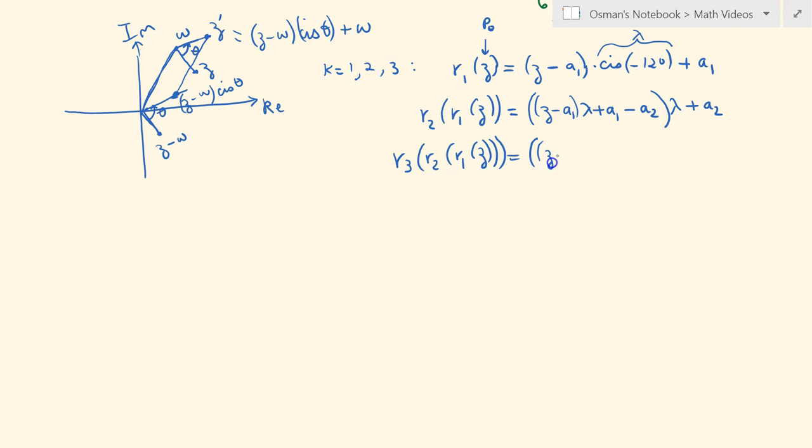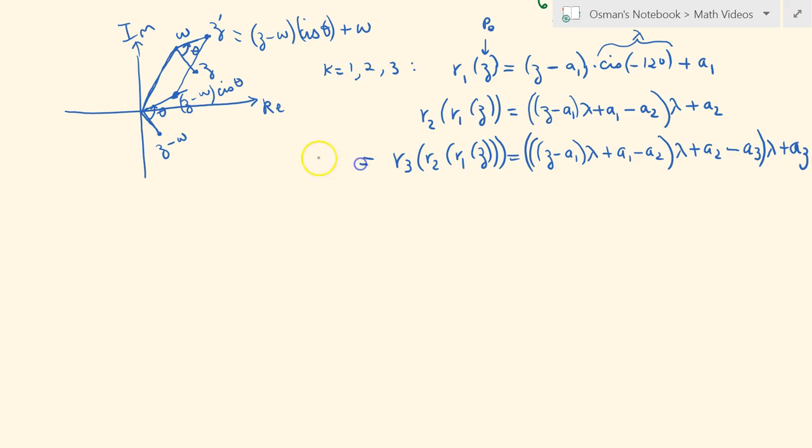So I have z minus a sub 1 times lambda plus a sub 1, minus a sub 2, times lambda, plus a sub 2. Remember what to do: we subtract a sub 3, close the parentheses, multiply by lambda, and then add back a sub 3.